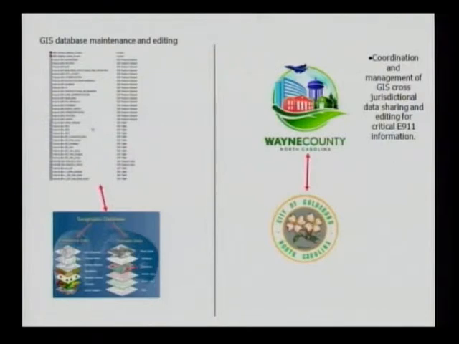With 911, the city of Goldsboro likes to be able to manipulate their data as they need it. So we have a connection with the city. We edit the same data, and that database is merged together. So we're not responsible for maintaining address points and addressing information inside the city of Goldsboro's 30-some thousand records.